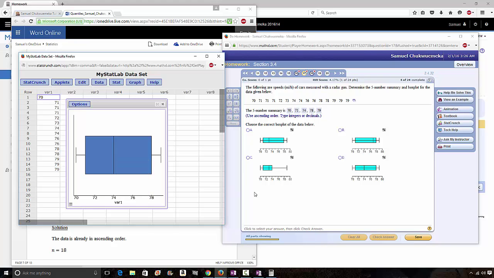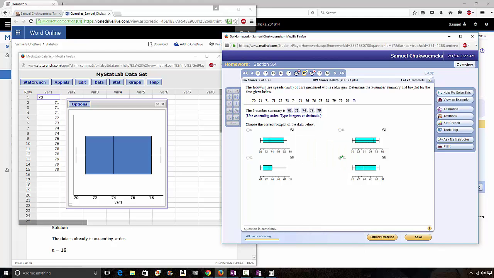The median is 74. So by process of elimination, A is wrong. Process of elimination, B is wrong. Median is 74. Okay, that is this line here. Process of elimination, C is wrong, and then D becomes just your answer, and that is it.